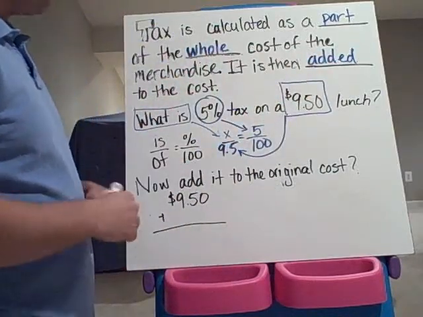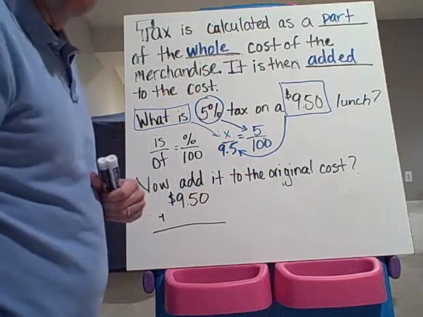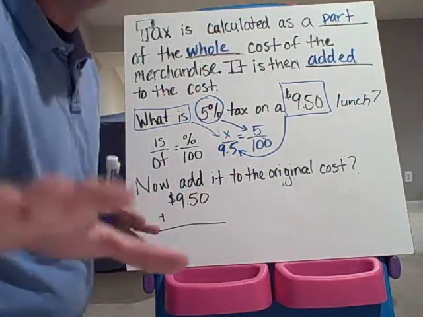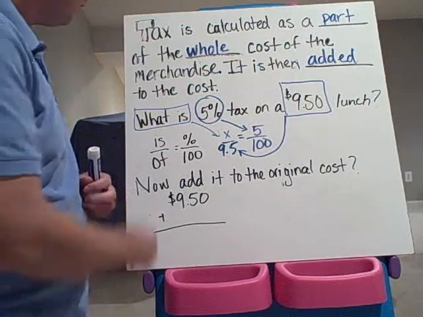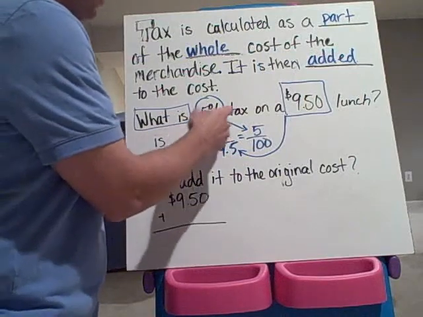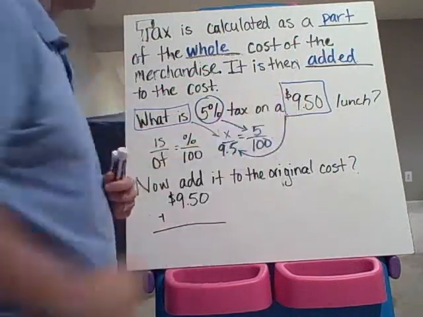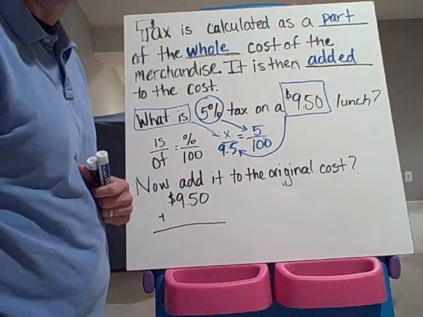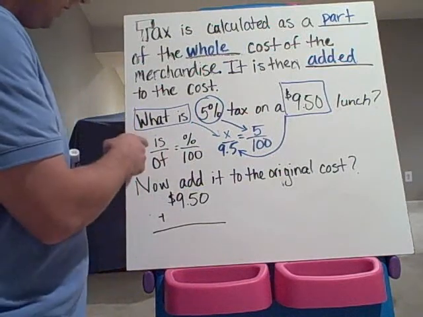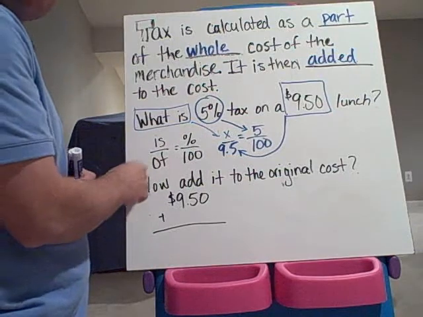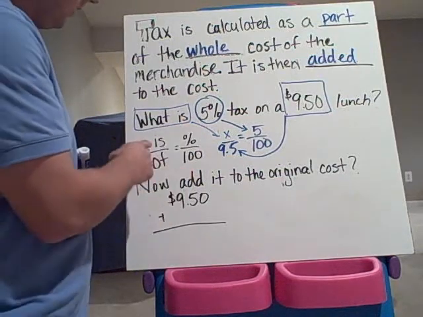All right, so in this case, this young man who's having so much trouble down there, and we're helping you, I hope. We're going to say, what is 5% tax on the $9.50 lunch? So we say, what is, and the is over of equals percent over 100.